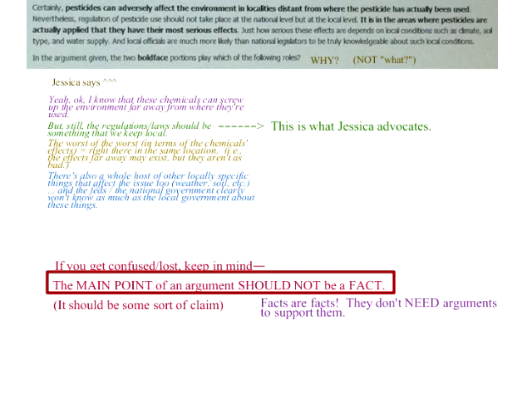Because her argument is we should keep it local, that's a reason why you might not think we should keep it local. So this is a possible reason against what Jessica is advocating.